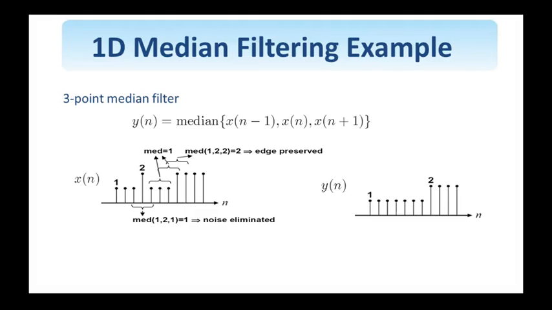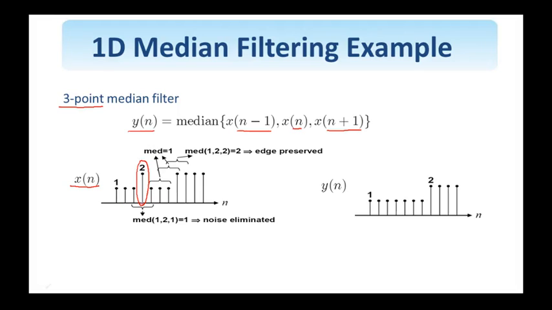Let us look at the application of a 3-point one-dimensional median filter to a simple signal. So first of all, to find the output at location n, we are considering input values at locations n, n-1, and n+1. So for this simple signal here, by looking at it, we can say that this particular value is noisy. It does not fit well with the neighboring values.